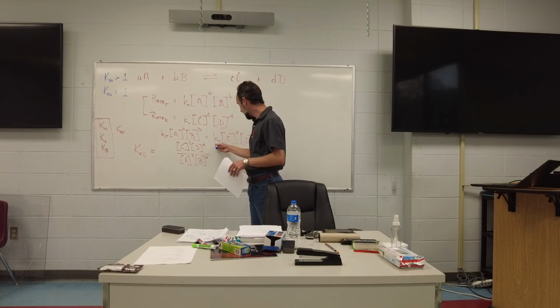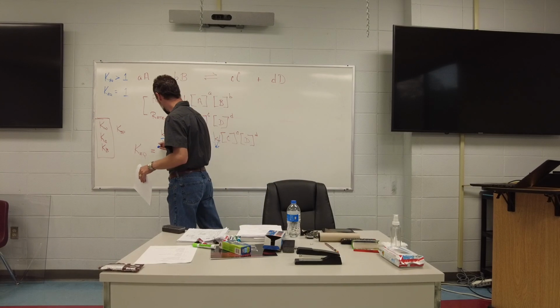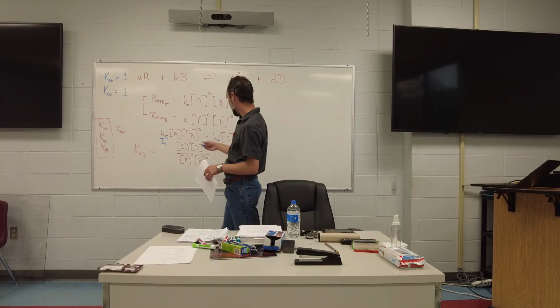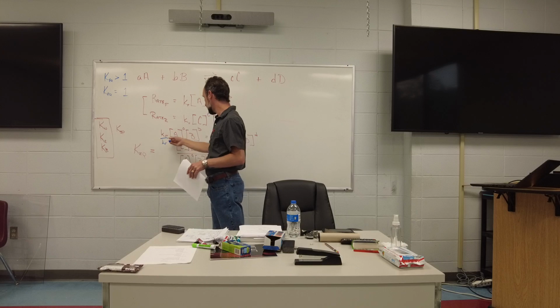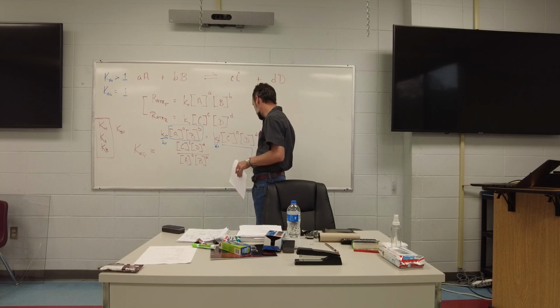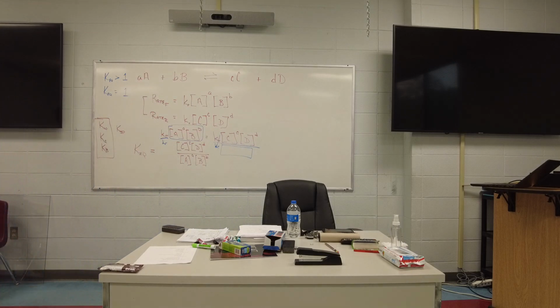If I divide by KR here, right, it cancels out. Now, I've got to get this part by itself, which means I've got to divide by this. And that's how it ends up. So it's not equal to each other, it's just like. Correct. It's a ratio.